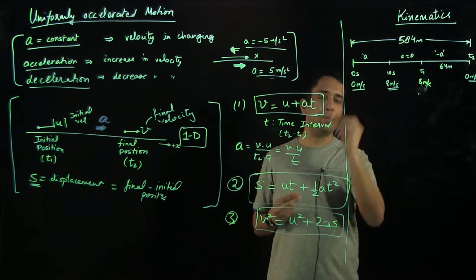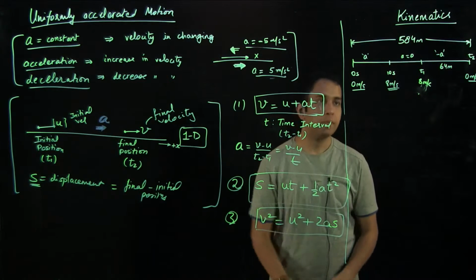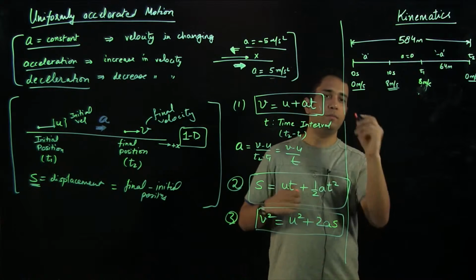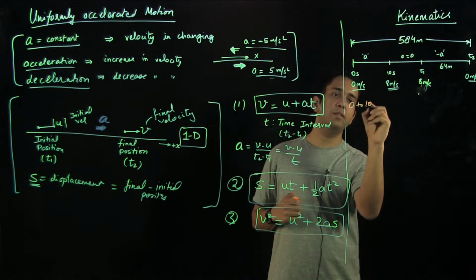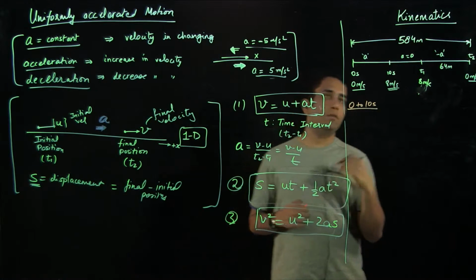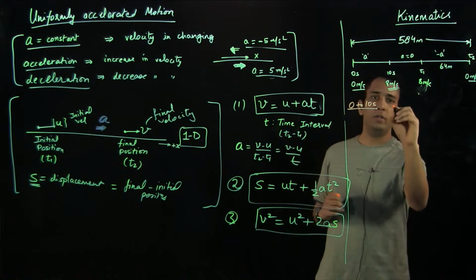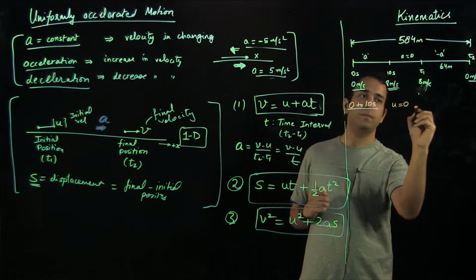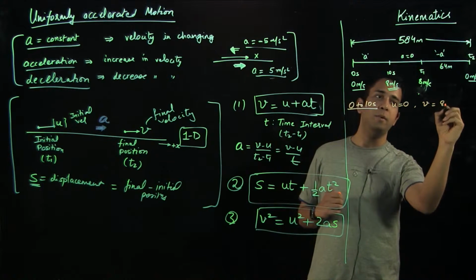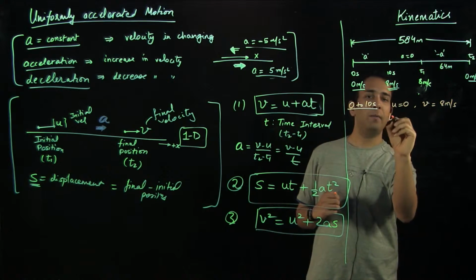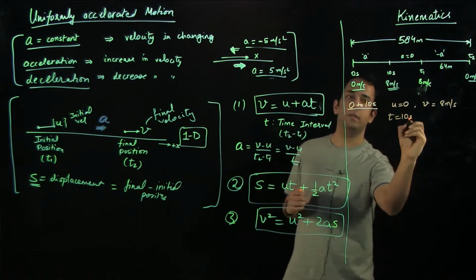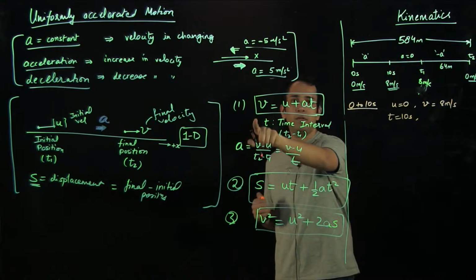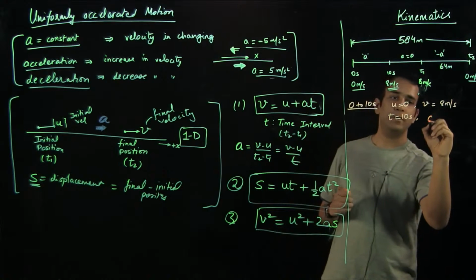So let's say I am considering the first time interval, which is from 0 to 10 seconds. What are the variables which I know? I know that my initial velocity is 0, my final velocity is 8 meter per second, and my time interval is 10 seconds. So I can use the first equation to find out the acceleration.